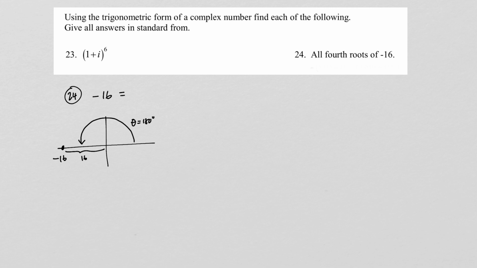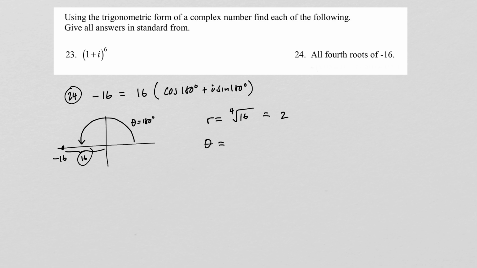So -16 in trigonometric form is 16 cosine of 180 plus i sine of 180. Now to find the fourth roots, there are 4 of them. What you need to do is find the r value for your fourth roots, and that is just going to be the fourth root of the r value that you started with. So that is the fourth root of 16, which is equal to 2.